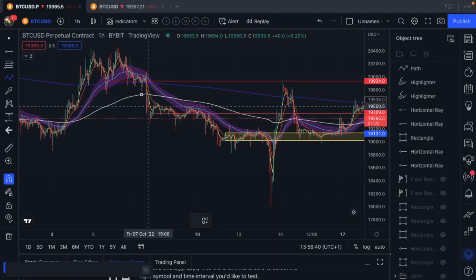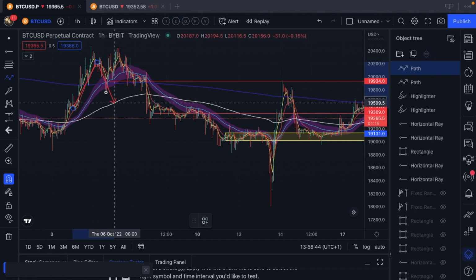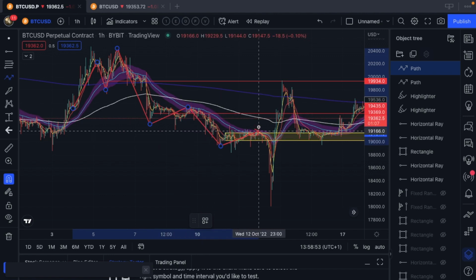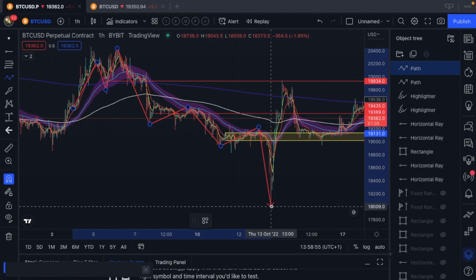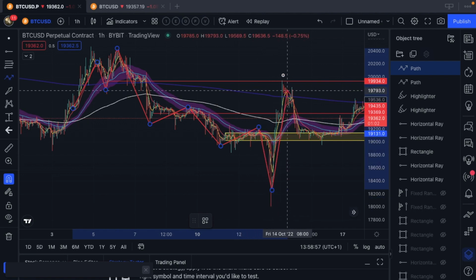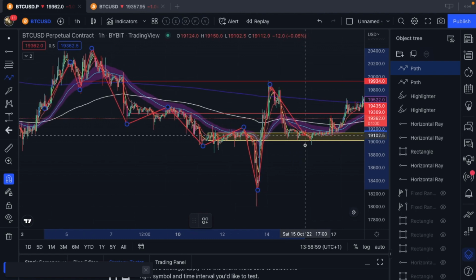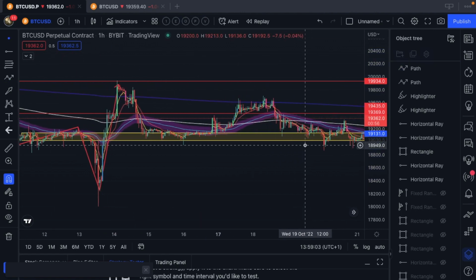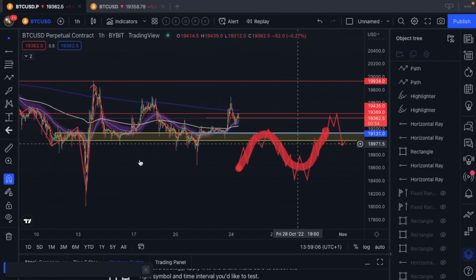So resets, right? So we have our M here. Again, here's our level 1, consolidate, level 2, consolidate, level 3, and rip up. So a V-shaped recovery can oftentimes indicate a reset of the pattern.